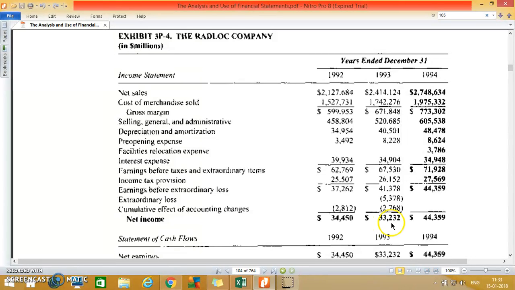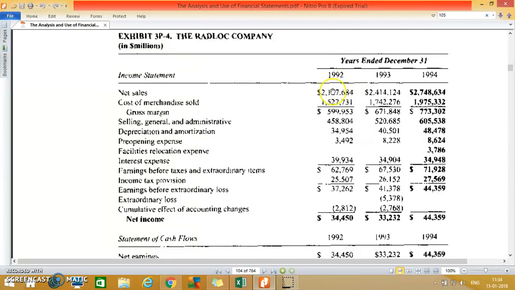While I see that there's a dip of net income in the year 1993, if I investigate further, I would rather get into the earnings before taxes and extraordinary items. The earnings before taxes and extraordinary items are 62 billion in the year 92, 67 in 93, and 71 in 94.